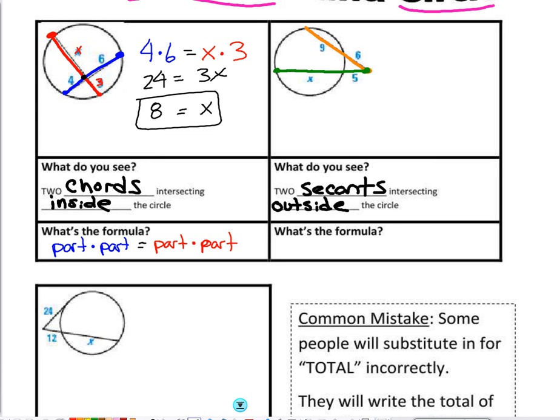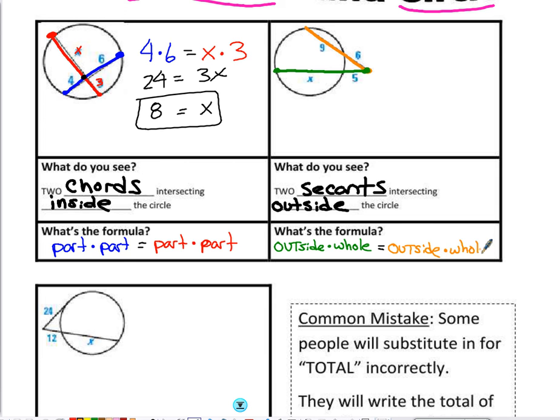And it's going to be outside times whole equals outside times whole. The whole is not like a hole in the wall, but like, yes, whole milk. Okay?